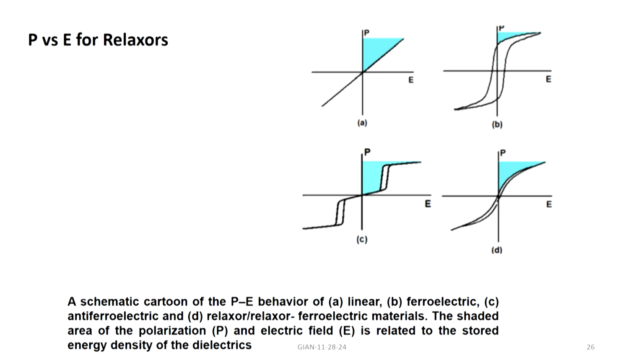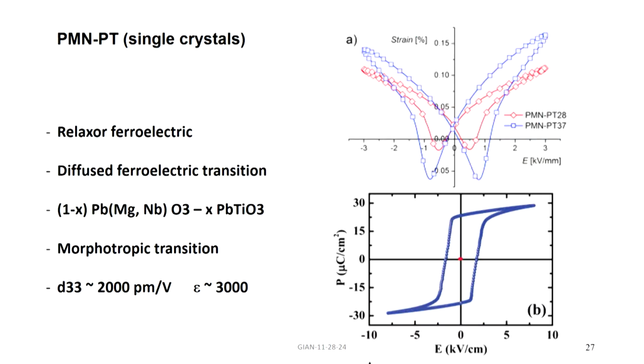And finally, for relaxor ferroelectric, it is characterized by a thin P versus E, whereas this one is spread out, and the remnant polarization is rather small compared to traditional ferroelectrics.